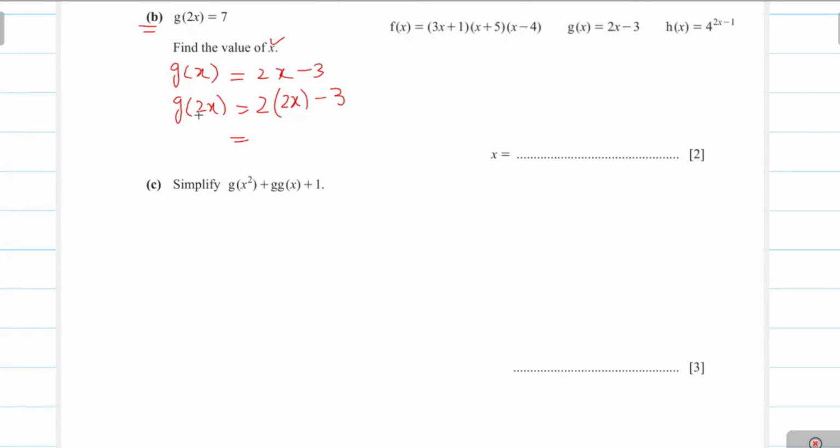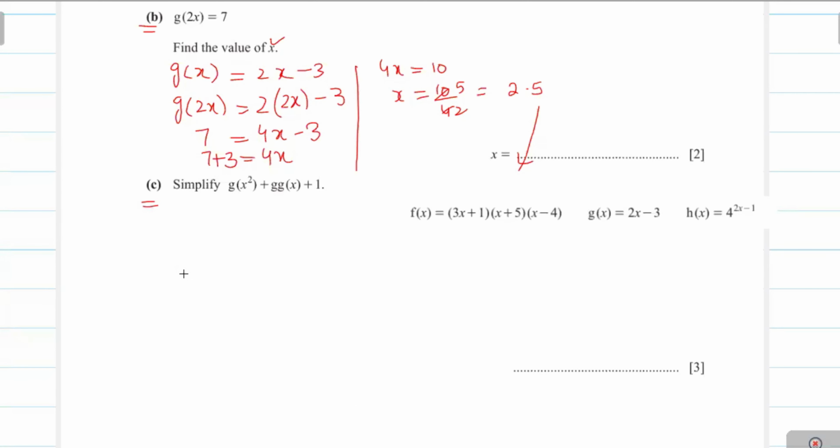And g of 2x is equal to 7. And we can write 4x minus 3 equal to 7, so 4x equal to 7 plus 3, and 4x equal to 10. x will be equal to 10 over 4, and this is 5 over 2, which is equal to 2.5. And x equal to 2.5 is the answer.